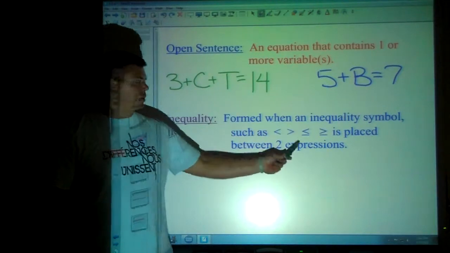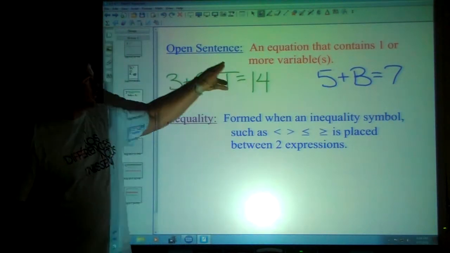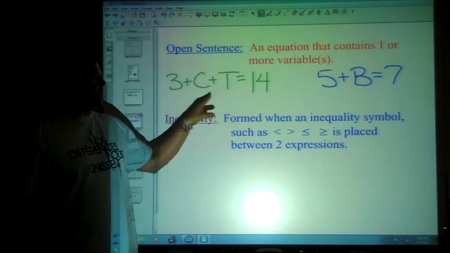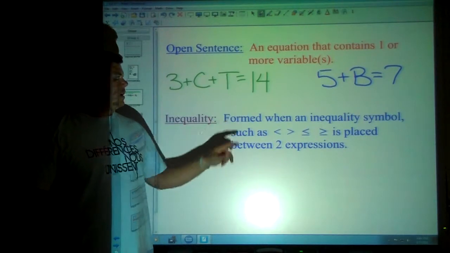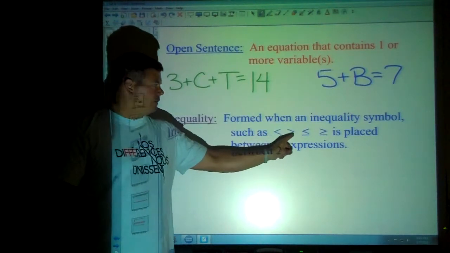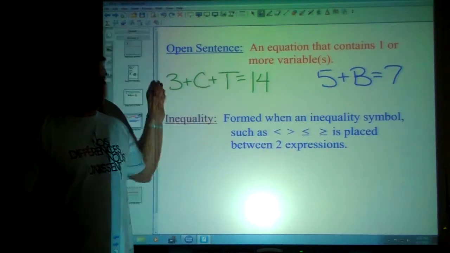So here's an expression, 3 plus c plus t, and here's an expression 14, but it has an equal sign. If we were to put one of these 4 in between, it would then be an inequality.